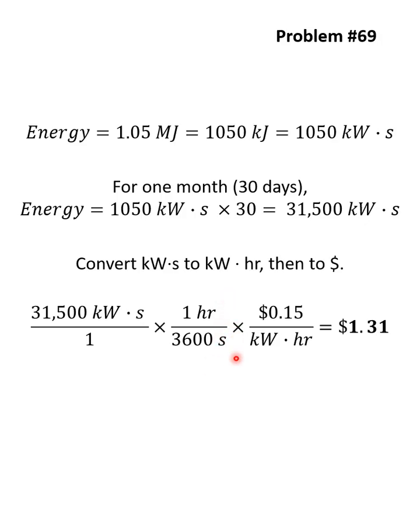So 1 hour over 3,600 seconds, the seconds will go away, and we're left with kilowatt hours. And then I want this in dollars, so $0.15 per kilowatt hour. So all of the kilowatts and time goes away, and you're left just with dollars. So $1.31 is the cost to run this hairdryer for 10 minutes a day for a month.